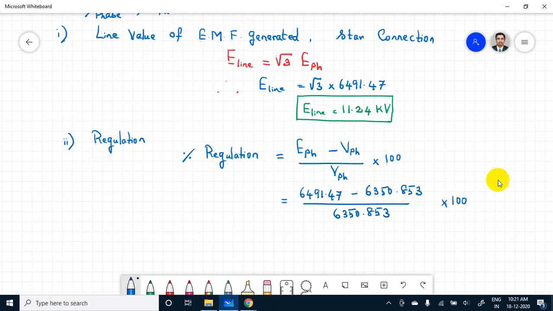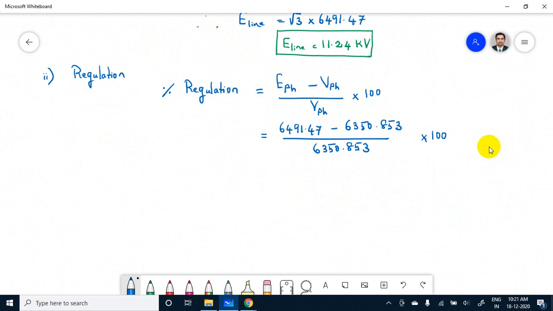Now give me the answer. How much percentage? 2.21. Good. Percentage regulation is equal to 2.214 percentage.